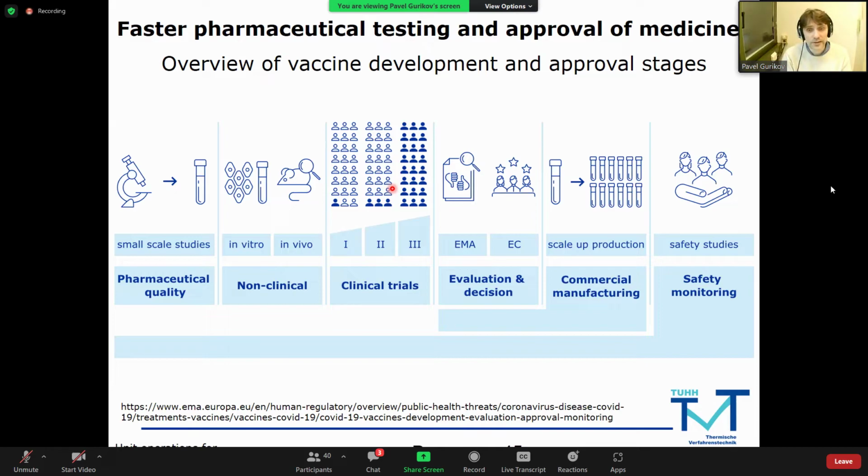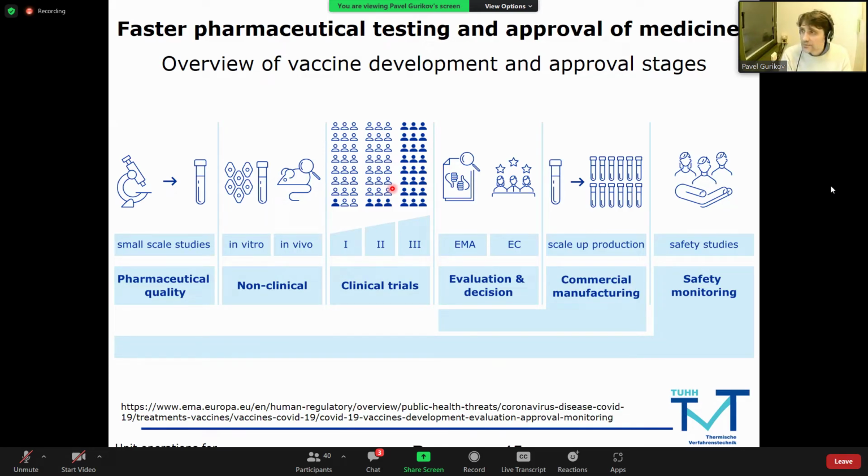So your lead, your candidate for the drug, for example, turns out to be very toxic when you do clinical trials, and then you stop the clinical trials. So you never go to evaluation, to decisions, which are made by the FDA in the States and the European Medicines Agency in Europe. Then, of course, you don't plan any industrial production.